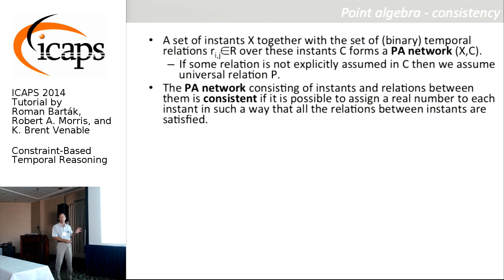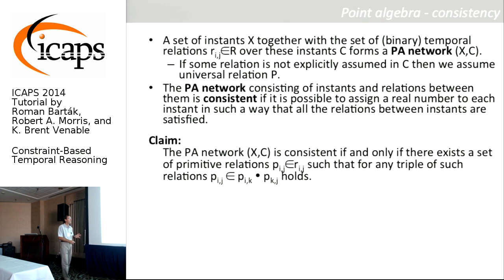But we will not be using numbers to deduce consistency, because there is a simple claim that the network is consistent if from each set of primitive relations between any pair of time points, we can select exactly one: before, equal, or after.